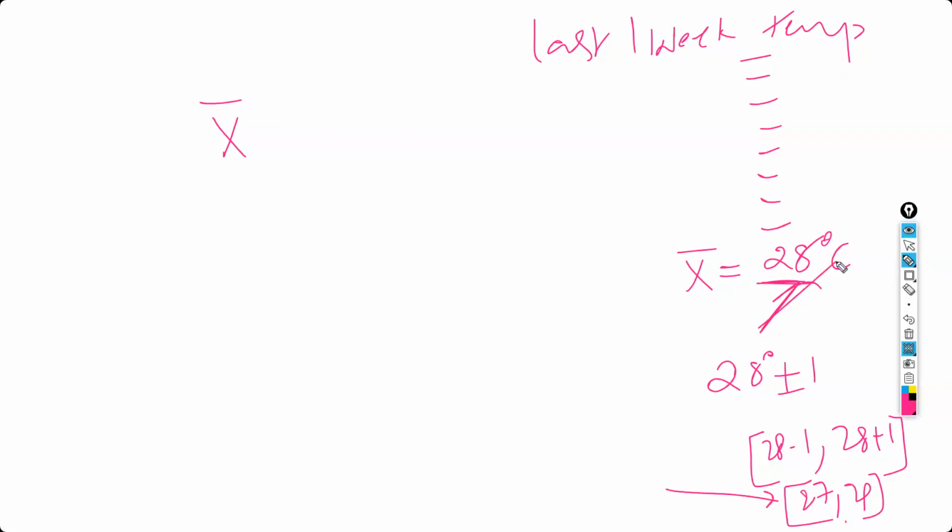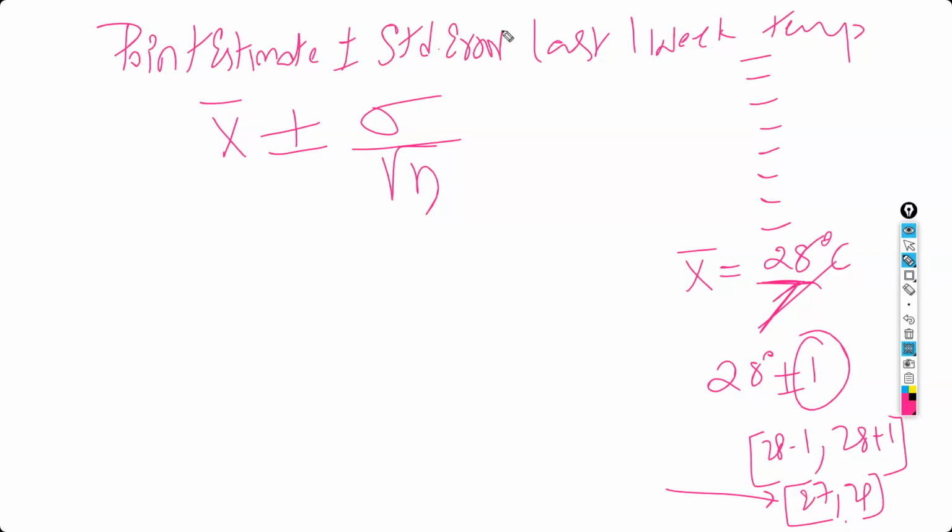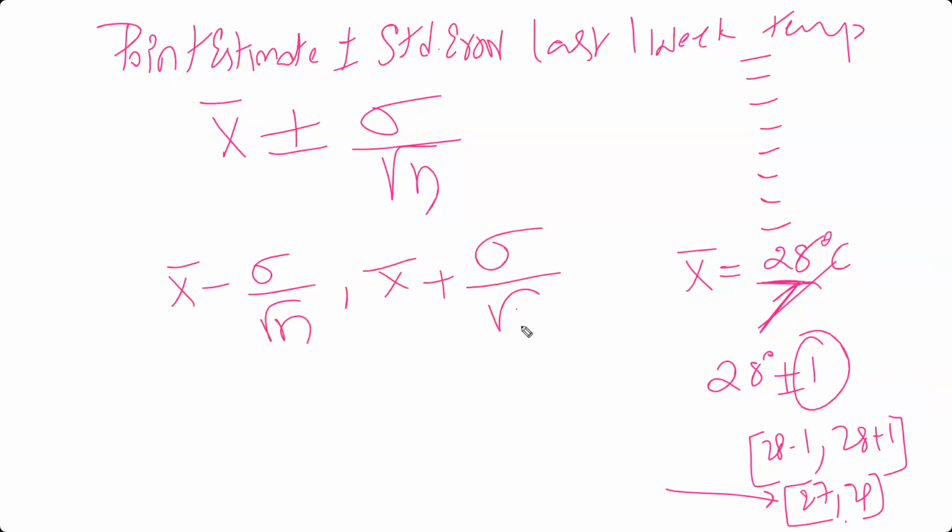Now, this plus or minus error, that error we call the standard error. Point estimate plus or minus standard error, so this is the formula: x bar minus sigma by square root of n to x bar plus sigma by square root of n.